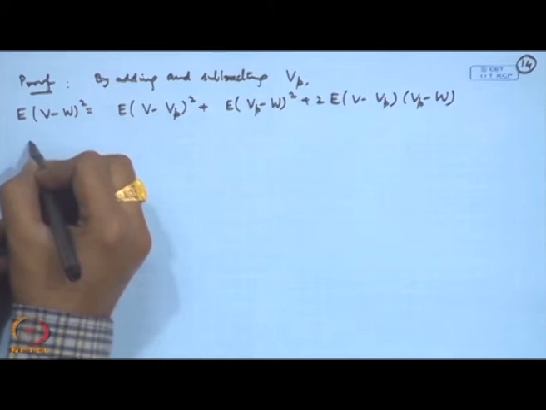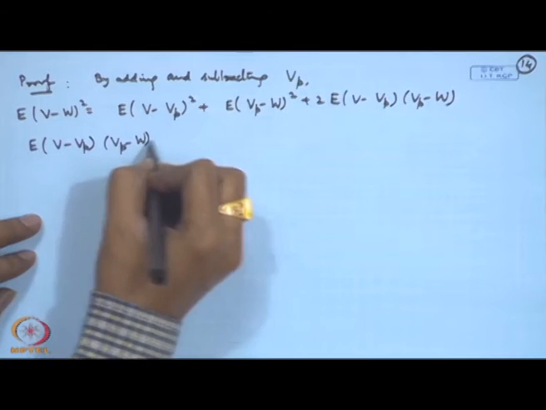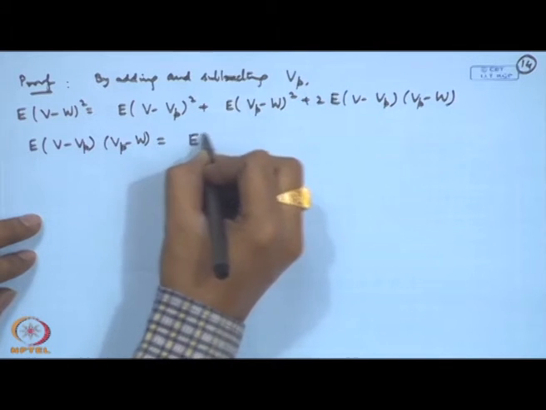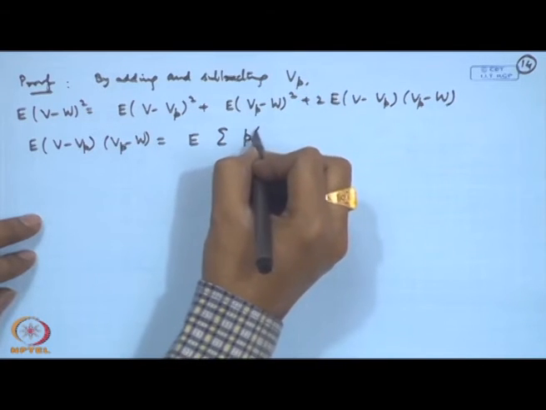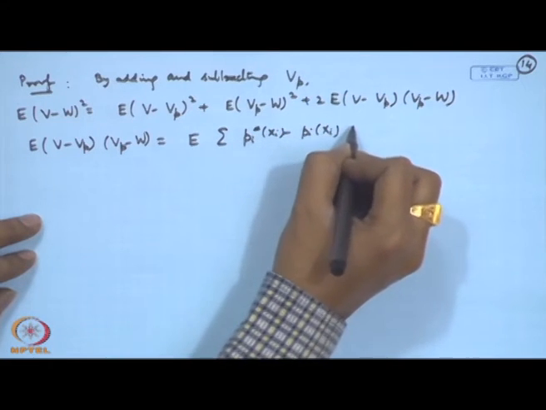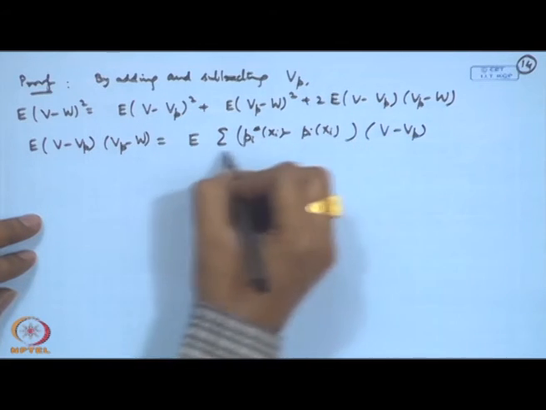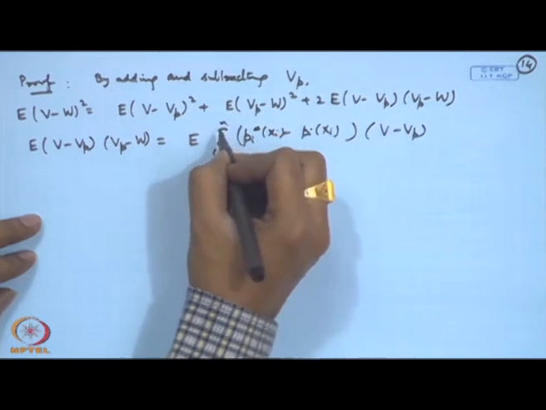So, if I look at the expectation of (V minus V_p) into (V_p minus W), that is equal to expectation of sigma (p_i star(x_i) minus p_i(x_i)) into (V minus V_p), for i equal to 1 to n.